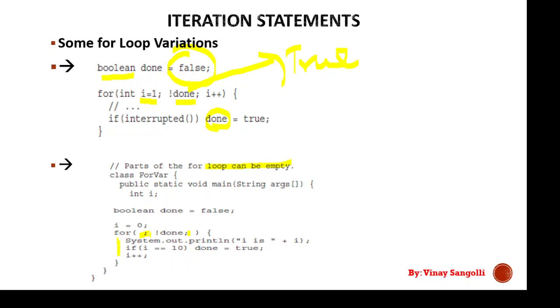In that case we leave it empty, and based on the complex expressions inside the for loop, we decide whether to execute this for loop or not. So this comes in handy whenever there are complex variables inside the for loop. Okay, so these are some of the variations of for loops.